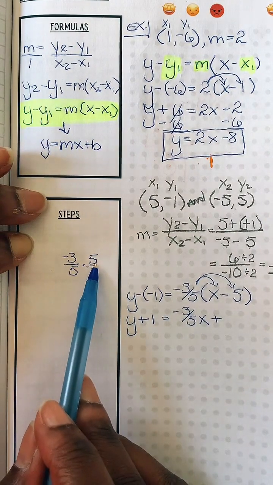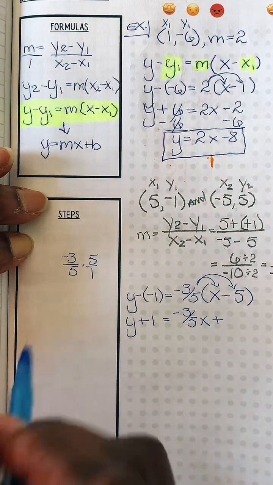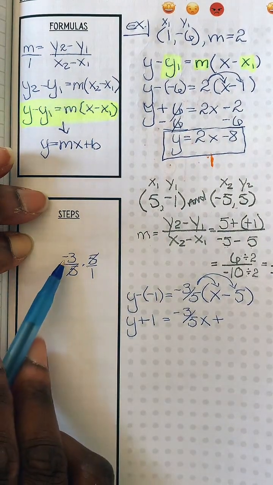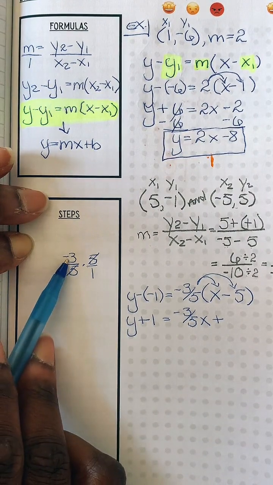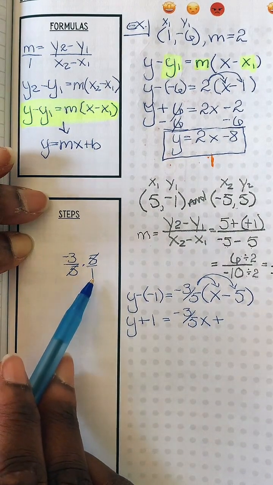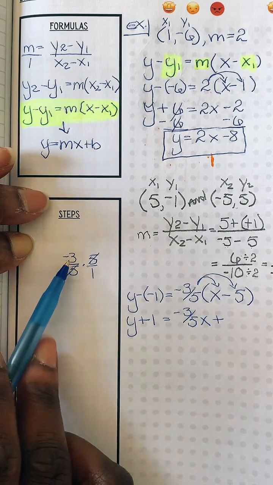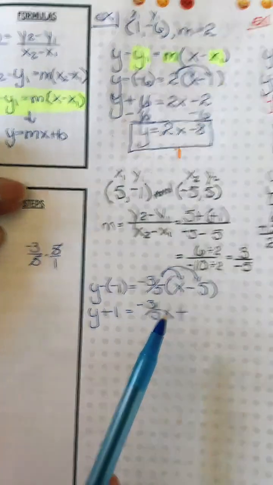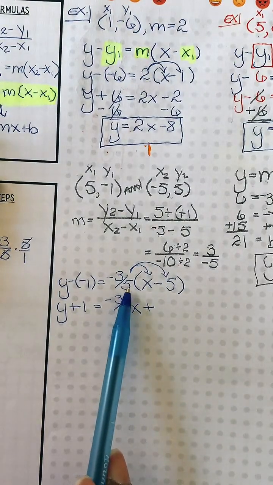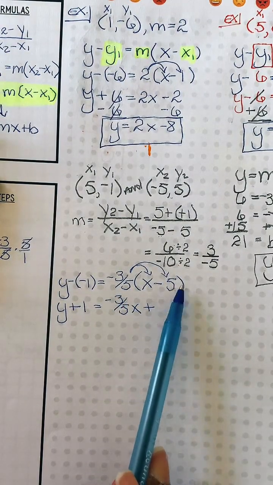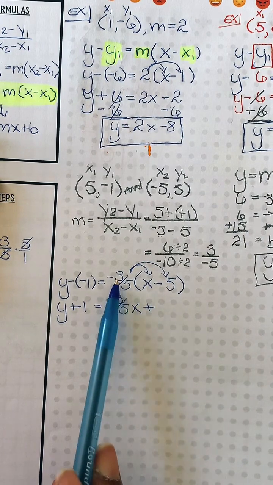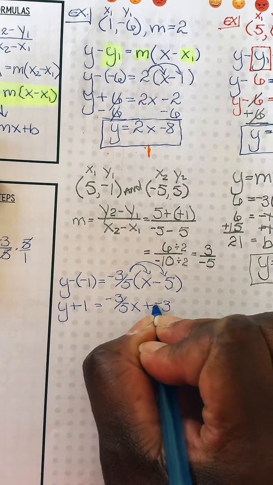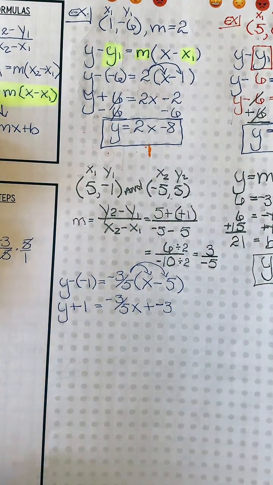It's like the same as me saying 5 divided by 5. That gives me a 1. And then what's left over is negative 3 divided by 1. But we all know anything divided by 1 is itself. So here's the trick. If your denominator is the same value as the whole number, they can cancel out. And then you just bring down what's the numerator. Okay?